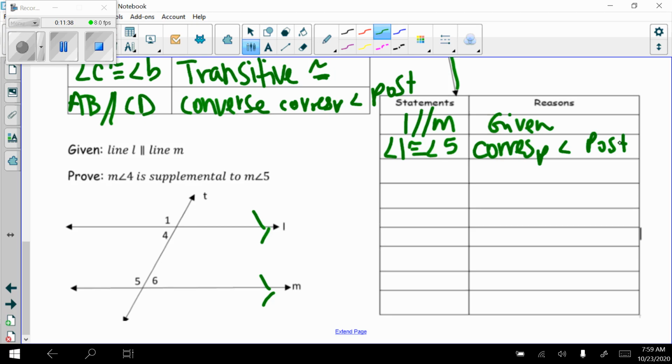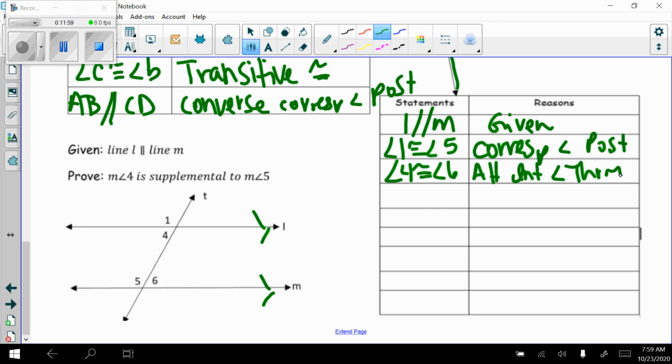I know that angle 4 is congruent to angle 6. I don't know if I need that or not, but I know it, so let's go ahead and get that. Gets me angle 4 in here. So angle 4 is congruent to angle 6 by the alternate interior angle theorem.